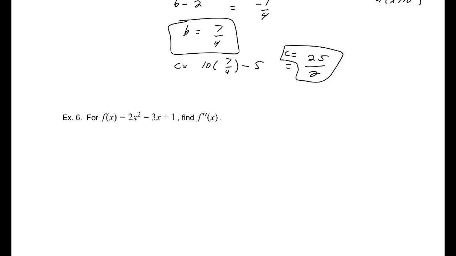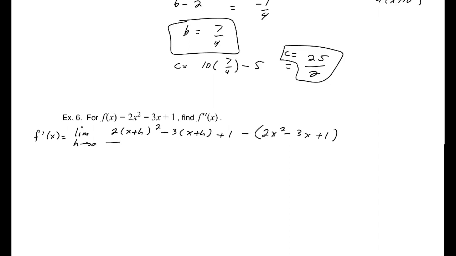All right, so f prime of x is the limit as h approaches 0 of f of x plus h, so 2(x plus h) squared minus 3(x plus h) plus 1, minus f of x, 2x squared minus 3x plus 1, divided by h.